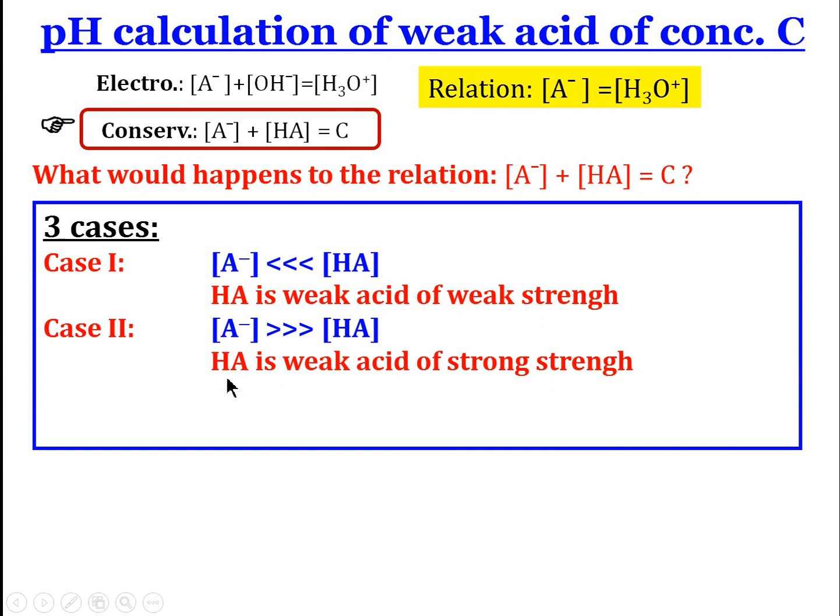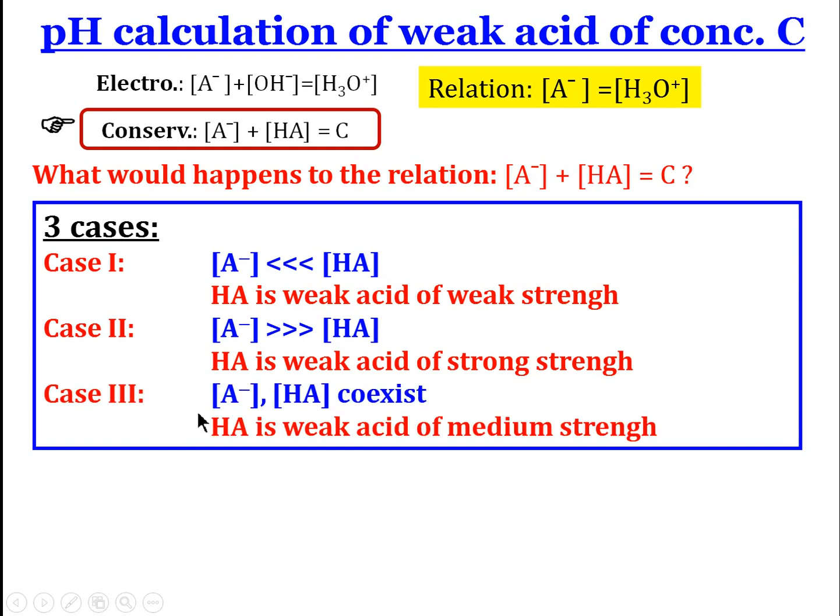So the acid HA is a weak acid of strong strength. And in the third case, we suppose that A- and HA coexist, so we don't have a predominance, and in this case, HA is a weak acid of medium strength.